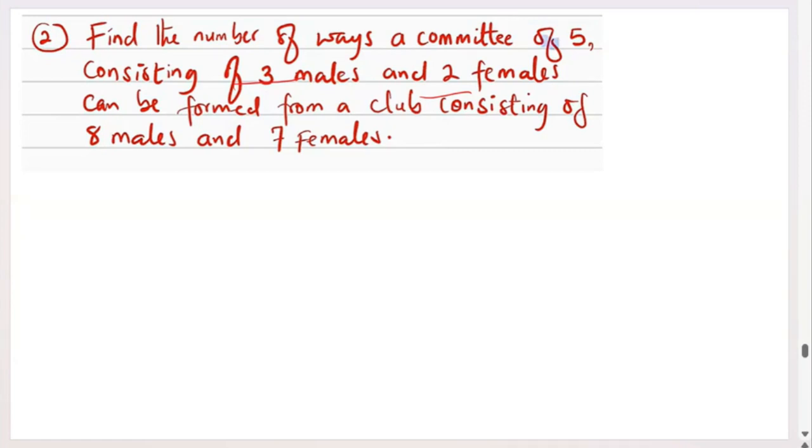You are selecting 3 out of 8. So what does this mean? Definitely it is a combination. There is no order here. It is just that you are given 2 variables.